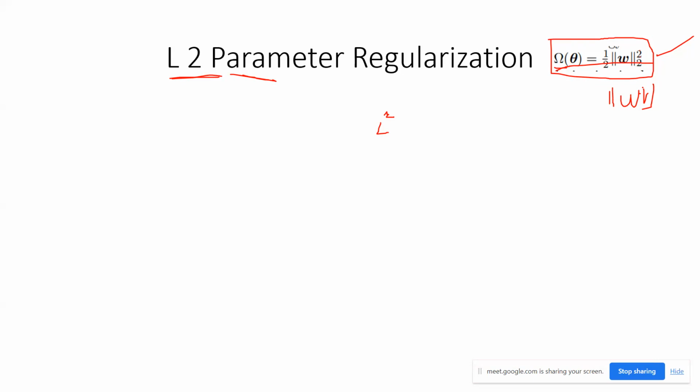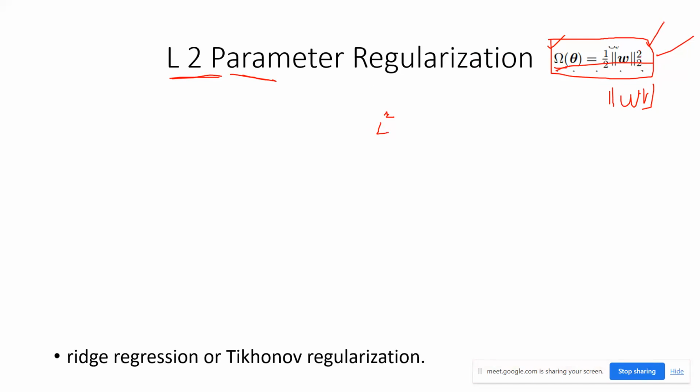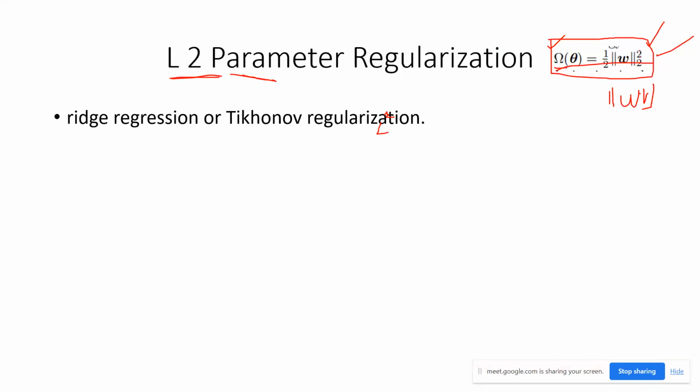So this is the main regularization, L2 regularization, where we are applying a cost penalty. You just remember this one also. This is called ridge regularization.